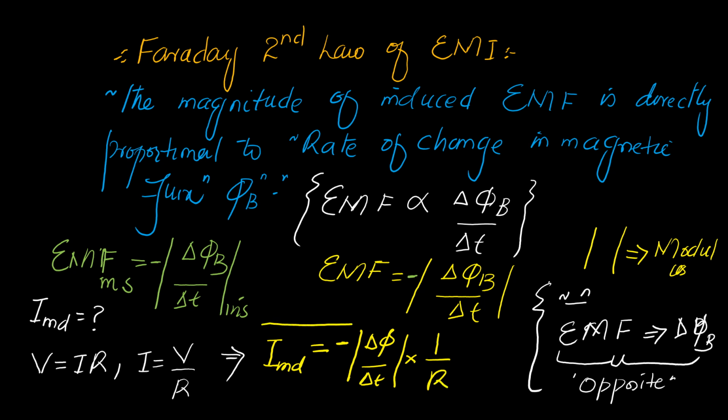In this way we can calculate the induced current in a wire, by including the value of the induced EMF, which is the rate of change of flux, and the resistance.